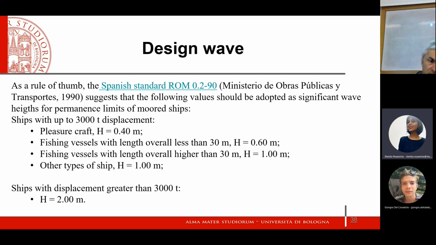You see that these are very reduced because, as I already mentioned, within a harbor we expect a reduced wave height. For fishing vessels, 0.6, and for fishing vessels longer than 30 meters, we get to 1 meter. And overall, with ships with higher displacement, we can go to a couple of meters, but this is to be considered a really extreme value.